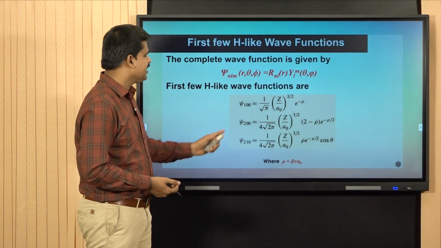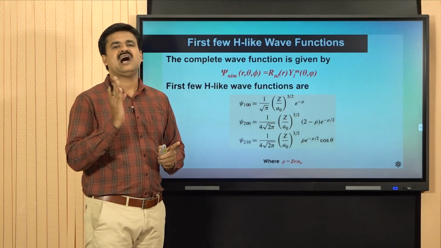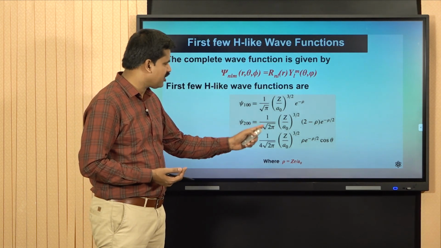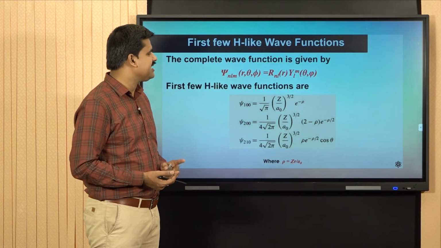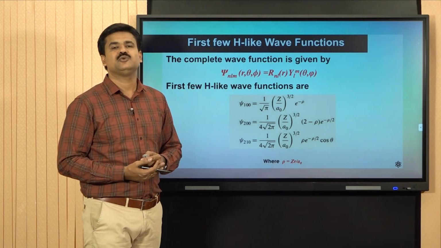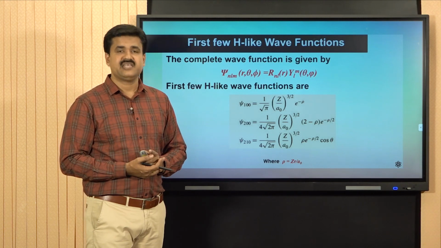And finally, in psi_210, n is equal to 2, l is equal to 1, and m is equal to 0. Thus, we are getting psi_210 like this: 1 by 4 into root 2 pi, (Z/a0) the whole raised to 3/2, rho into e raised to minus rho by 2 cos theta, where rho is the same, that is Zr by a0.